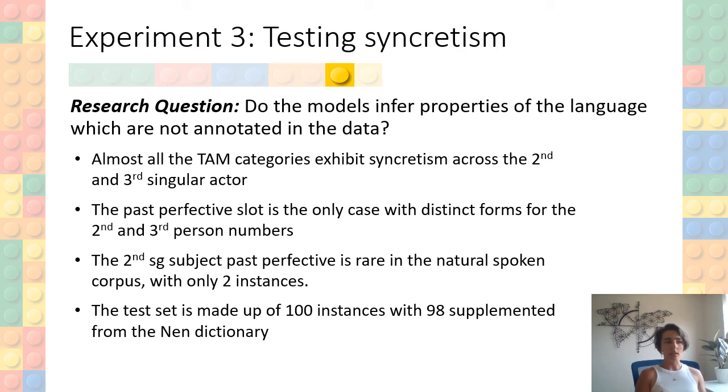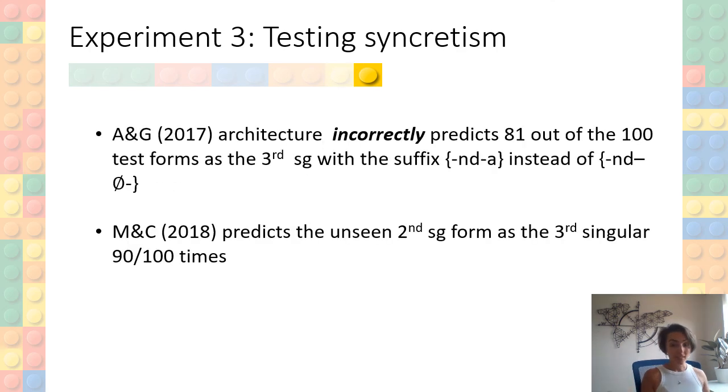Would it actually predict the form to be syncretic with the third singular, which is seen across all the other TAM categories? So the answer we got was a resounding yes. The Aharonian Gold model, although incorrectly, but still rather fascinatingly, predicts 81 out of the 100 test forms as the third singular.